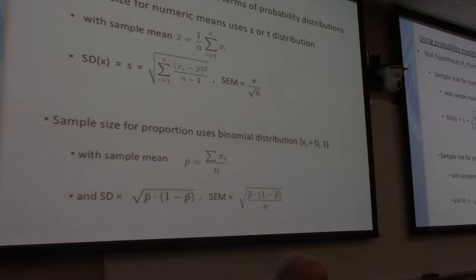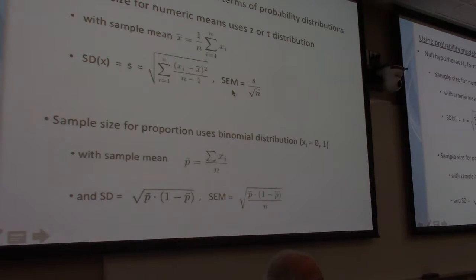So we talked about probability models. We always formulate our null hypothesis, that straw man that we're trying to disprove, in terms of probability distribution. So when we're comparing means using a Z or T distribution, we calculate sample means and sample standard deviations and sample standard errors.